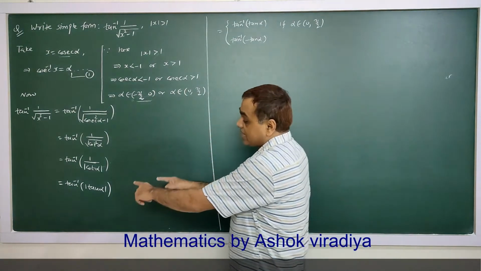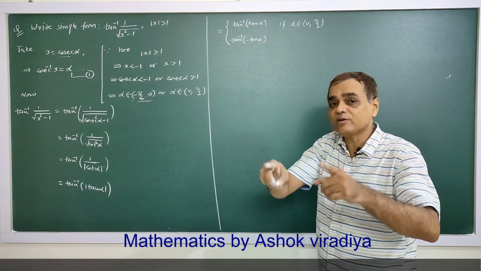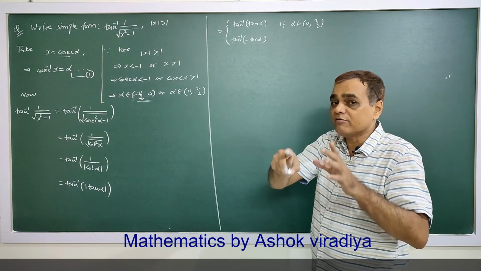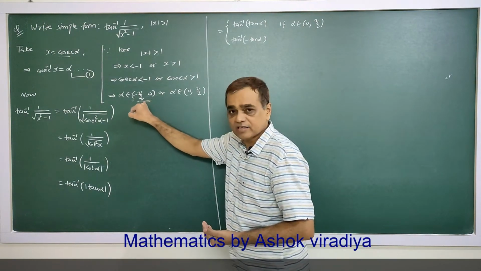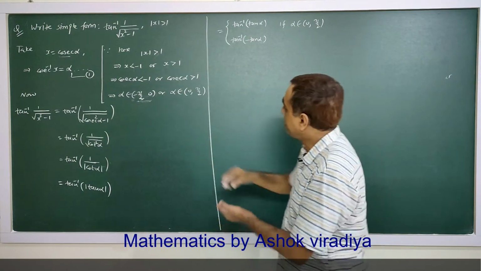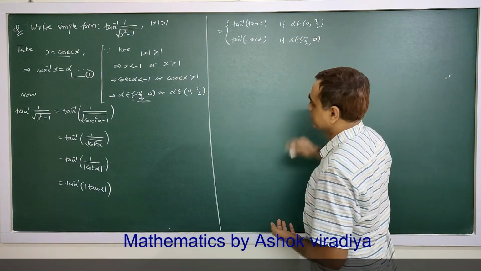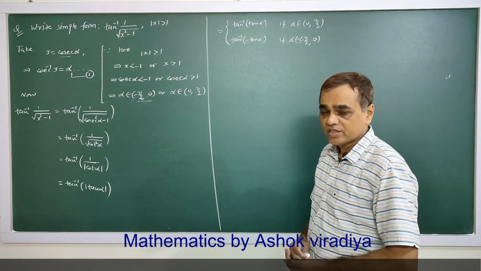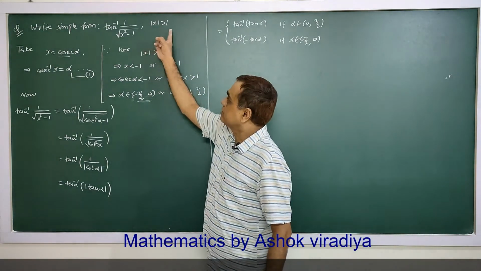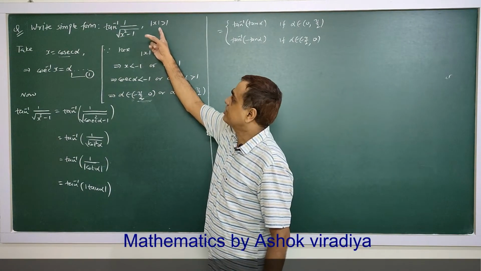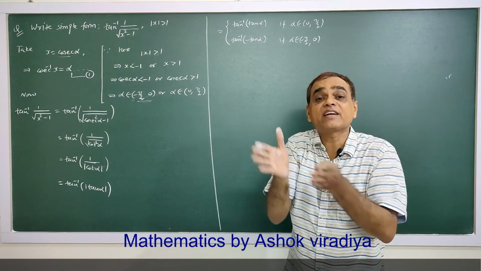So when modulus tan alpha is minus tan alpha, if tan alpha is negative. And where is tan alpha negative? It is negative in the fourth quadrant. So if alpha belongs to minus pi by 2 to 0. So in every question we will work according to the given condition. In every question, if such a restriction is given, then our discussion should be in that restriction.